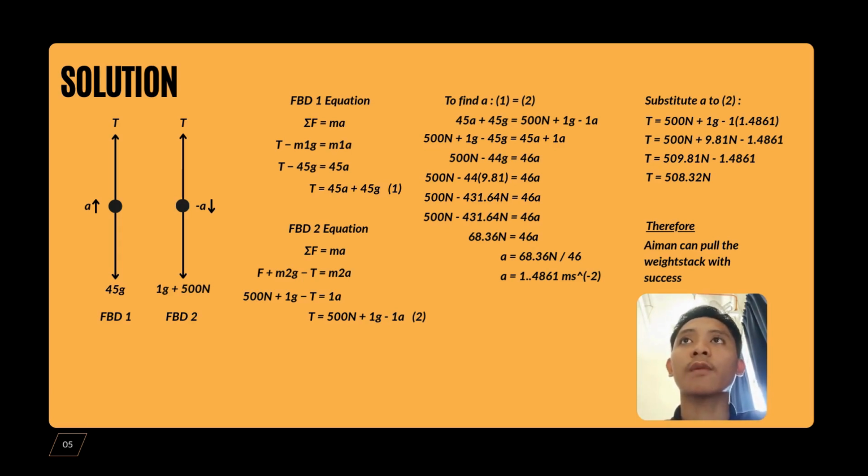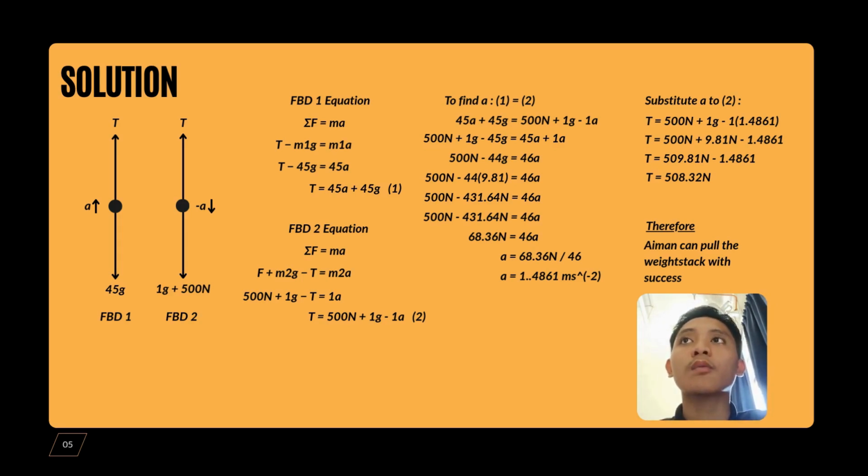And we get 45A plus 45G equals 500N plus 1G minus 1A. Then, we put the A on the right side and the G and N on the left side to do the calculations, and we get the acceleration equal to 1.861 meters per second squared.